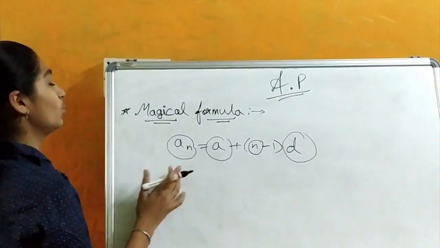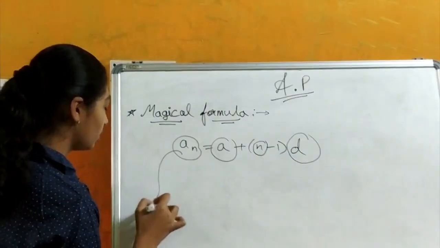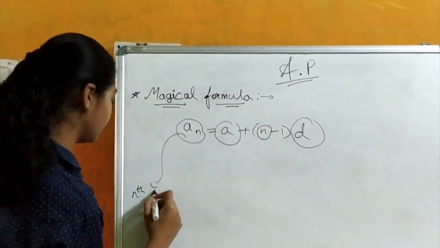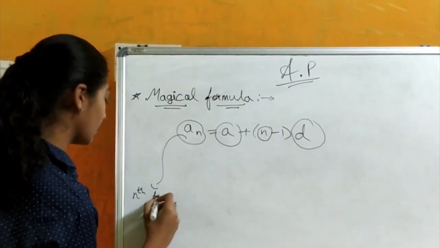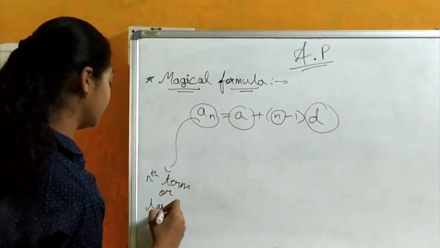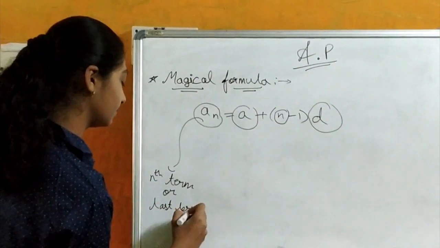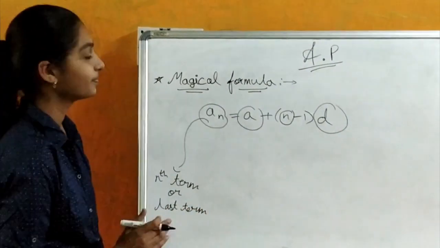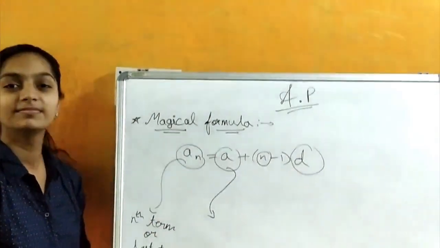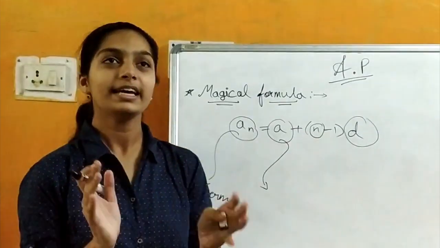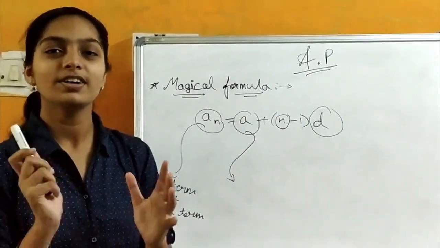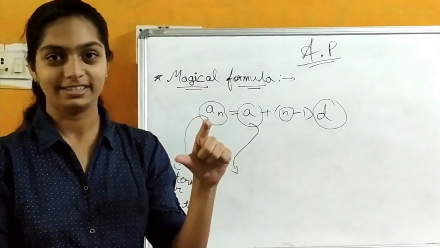Isn't it? So here an means the nth term, or we can say it's the last term. Okay. Now what does this a mean? As you know, a is the first letter of our alphabetic series, isn't it?